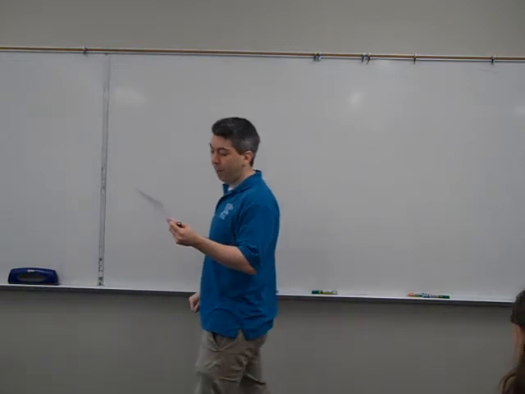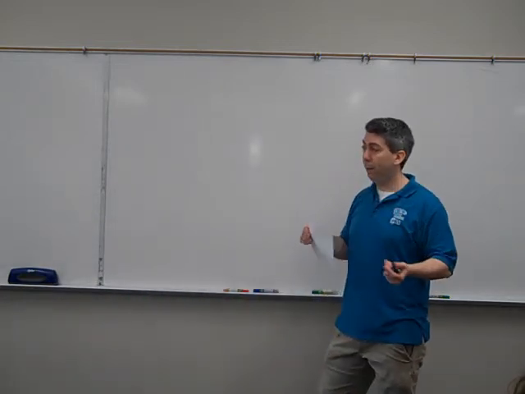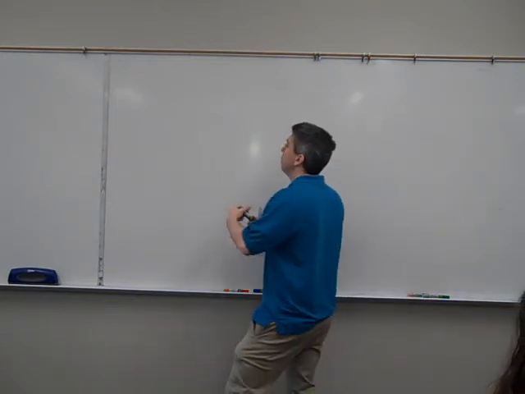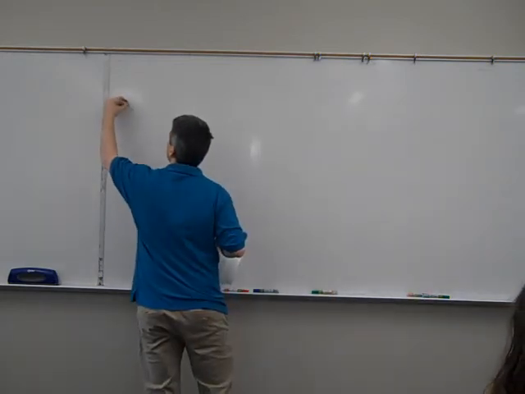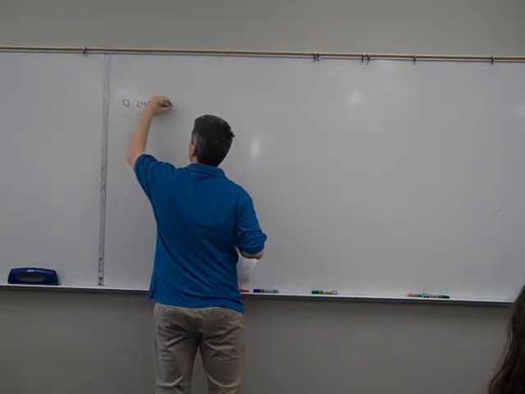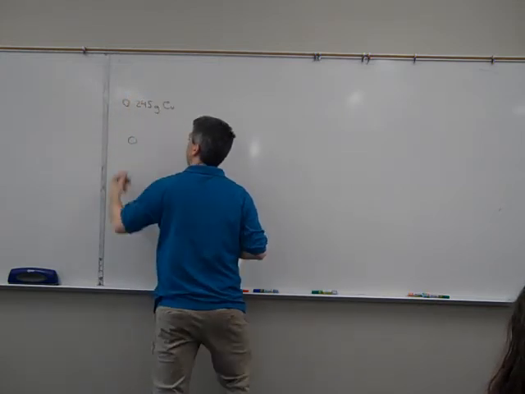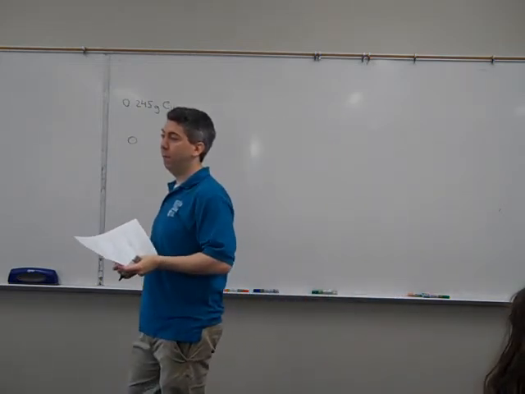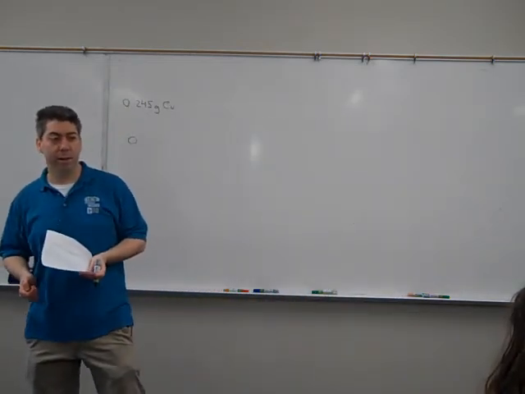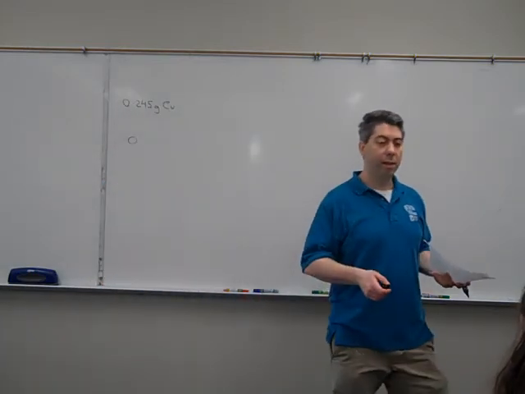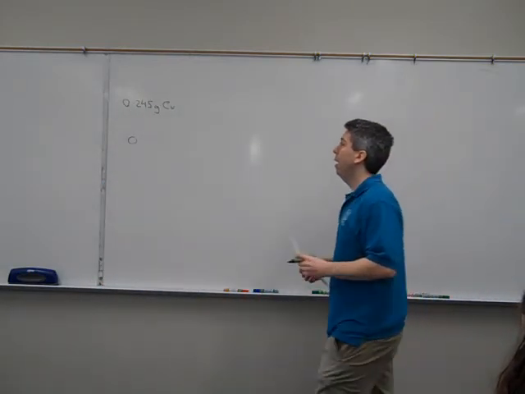Well, I see copper metal is roasted in oxygen, so I'm assuming that the elements that I'm dealing with here are copper, which is 0.245, right? And oxygen. But how much oxygen do I have? Just minus the 0.245.